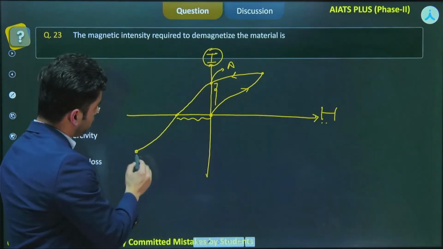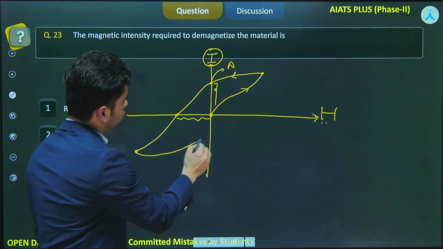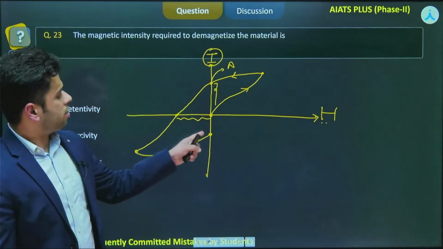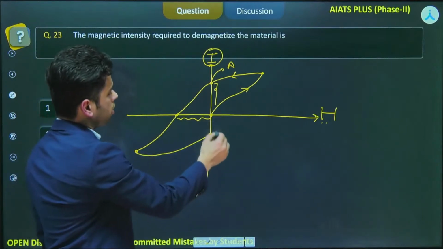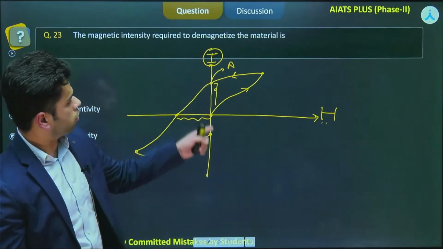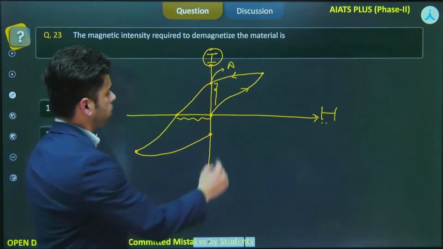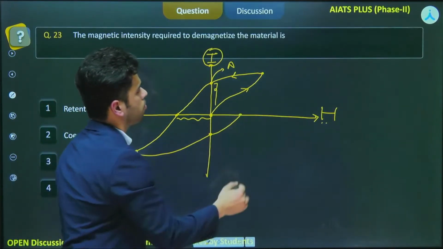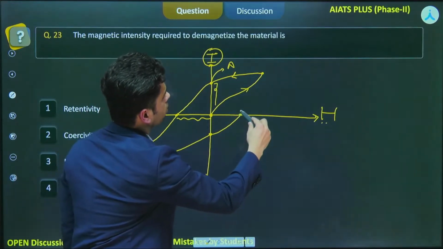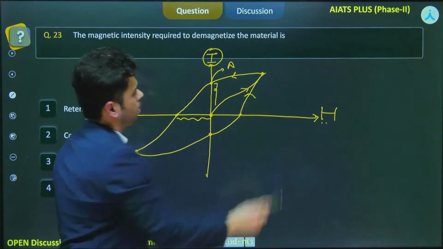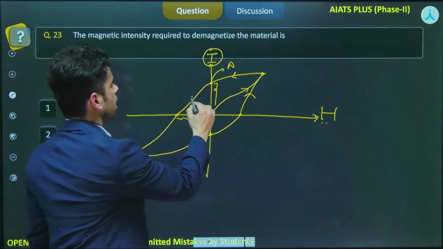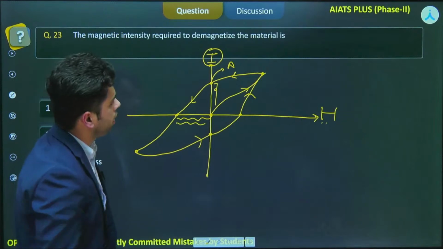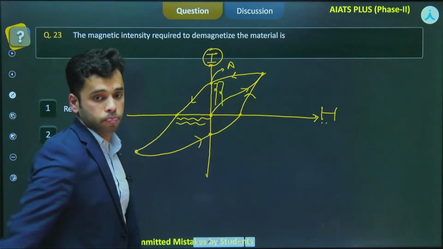If you decrease the field, again you get the retentivity. The magnetic intensity has dropped to 0, but this much intensity of magnetization is still with the material. If you increase the field in this direction, again at this point I becomes 0. Then if you increase the field further, it will again become saturated. It's not a very good curve, but something like this. So this part shows you the coercivity, and this part shows you the retentivity, right?